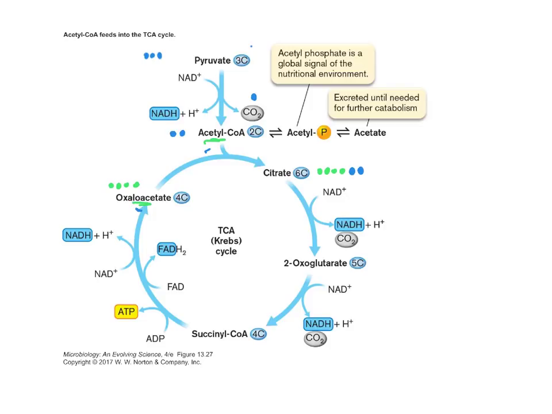And what they figured out is that this first CO2 that's lost here is actually one of the ones coming from the oxaloacetate. And so the 5 carbons from here look like this.